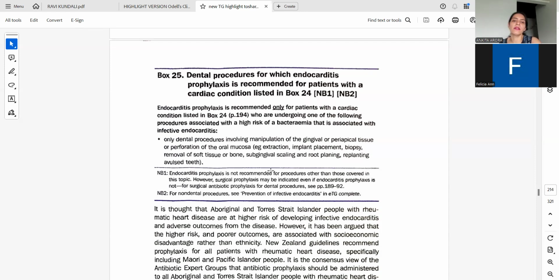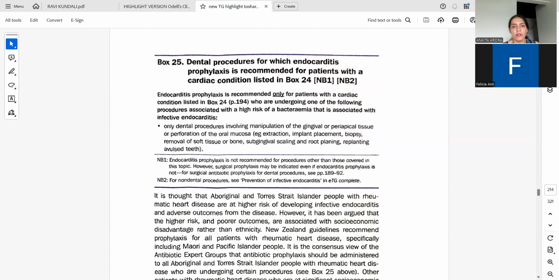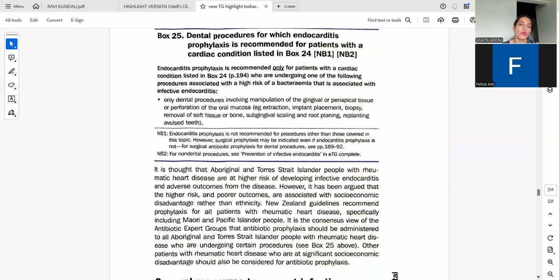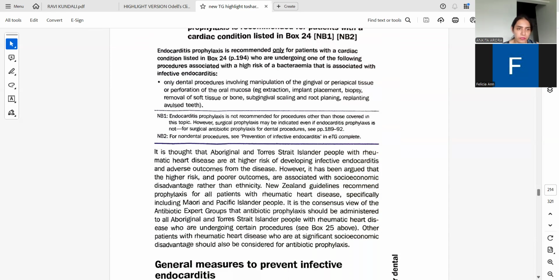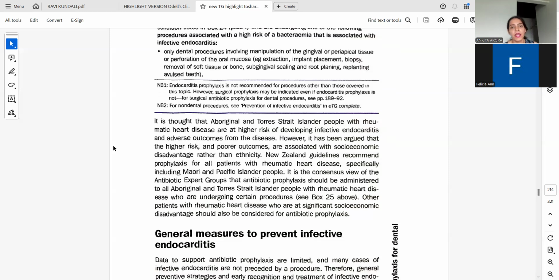So if we are manipulating gingiva, periapical tissue or mucosa in any manner, then only it would be needed. So it won't be needed for, say, placing brackets. It won't be needed for supragingival scaling. It won't be needed for cavity preparations, composite restorations, amalgam restorations.